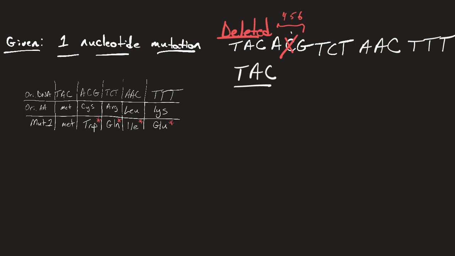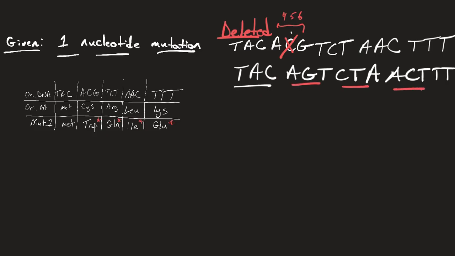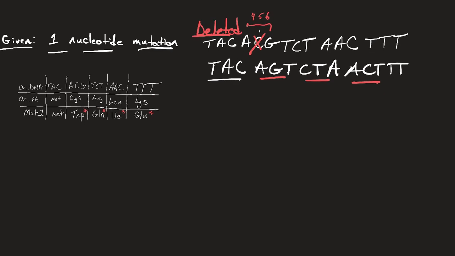But then everything after it is going to be different: A, G, T, C, T, A, C, T, T, T. So now I have very different amino acids. But I would not have one here. There'd be nothing here. Do you agree?